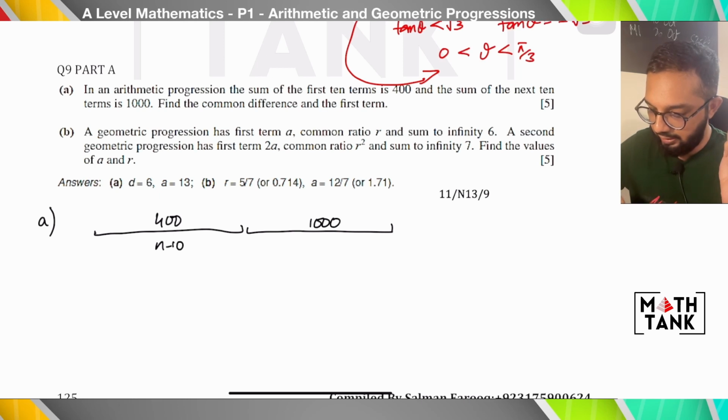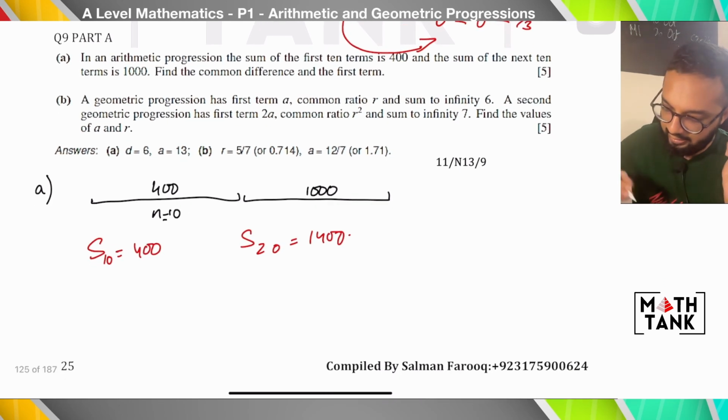Now, I don't know a formula that starts from here. My formula always starts with the first term. So what I'm going to say is that the sum of 10 terms was 400, the sum of 20 terms was 1400, and that should give me a set of equations that I can then solve.